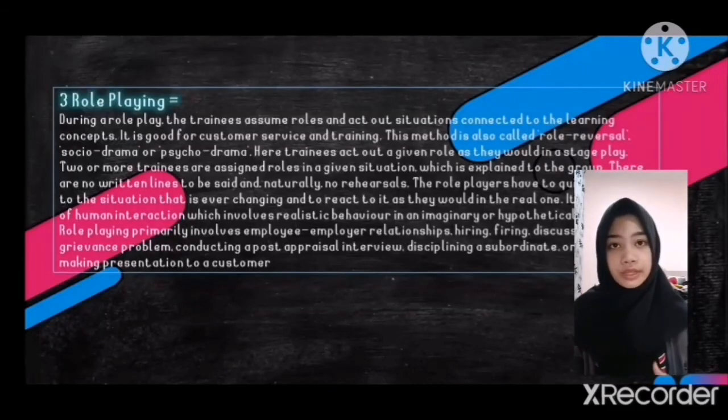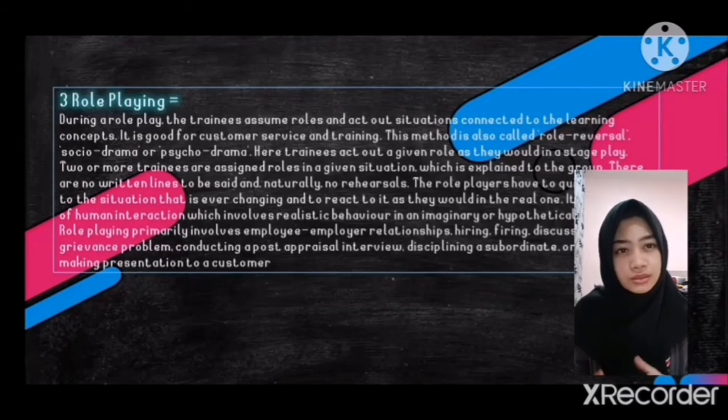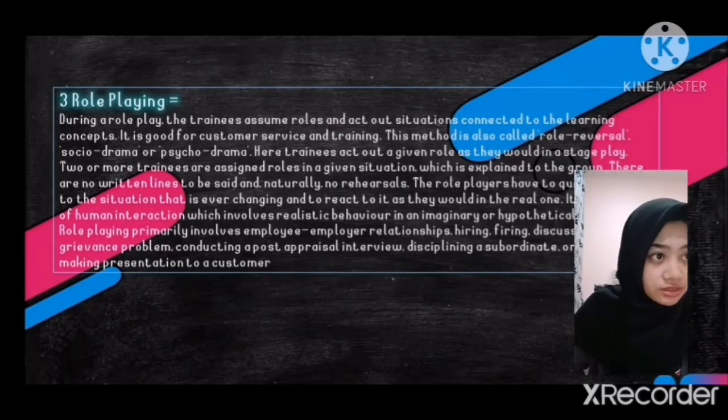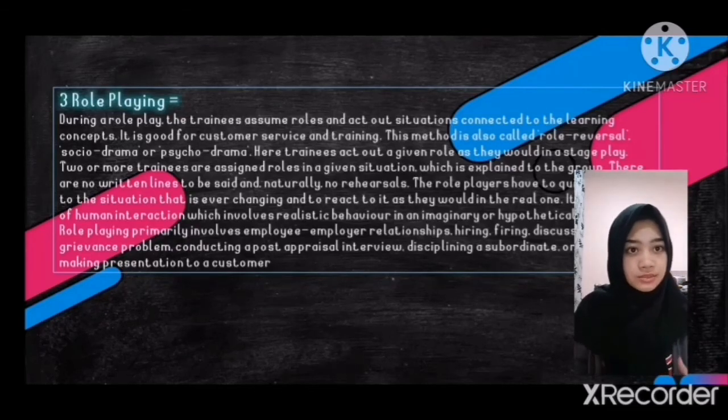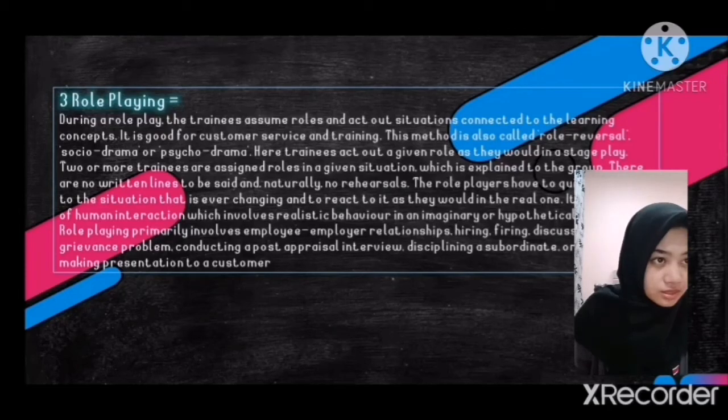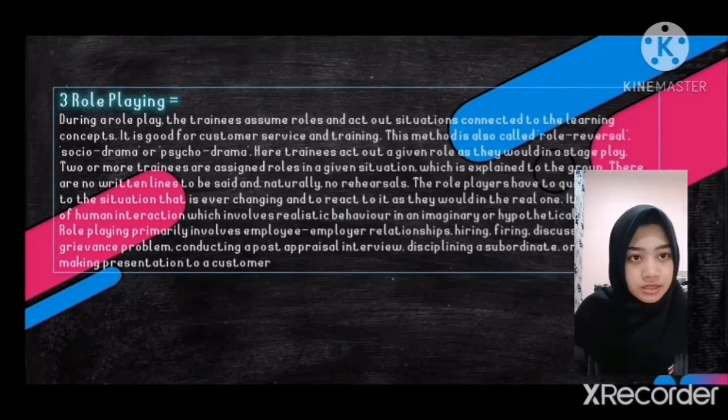Okay, number 3, role-playing. During a role-play, the trainees assume roles and act out situations connected to the learning concept. It is good for customer service training. This method is also called role reversal, sociodrama or psychodrama. Here, trainees act out a given role as they would in a stage play.